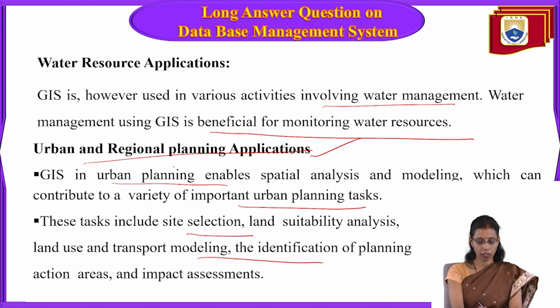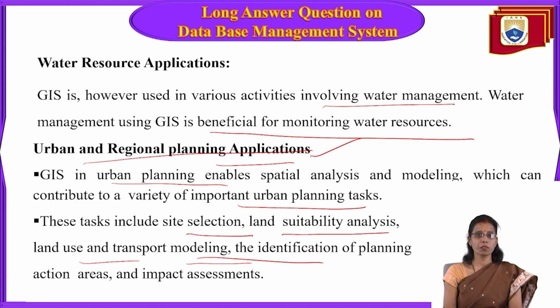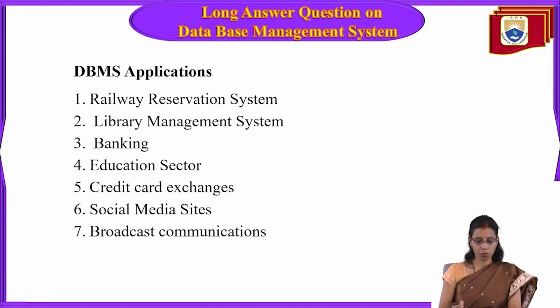So it is helpful in land suitability analysis, land use patterns, transport modeling, planning of the areas, and what the impacts are and how to assess those impacts. It is helpful.